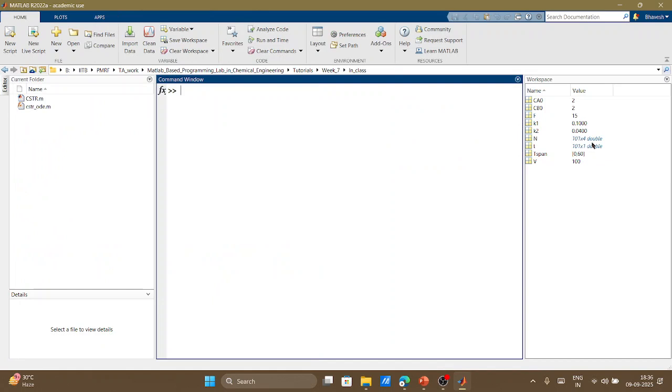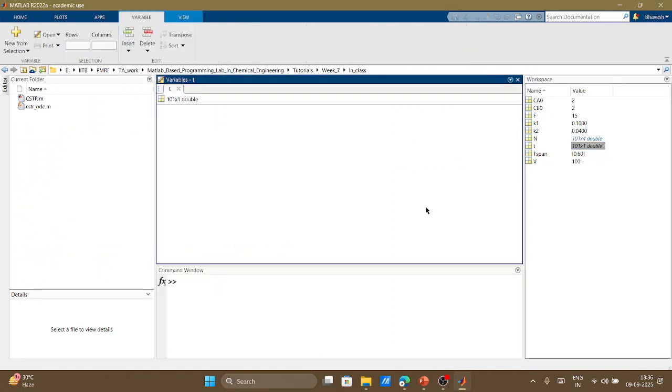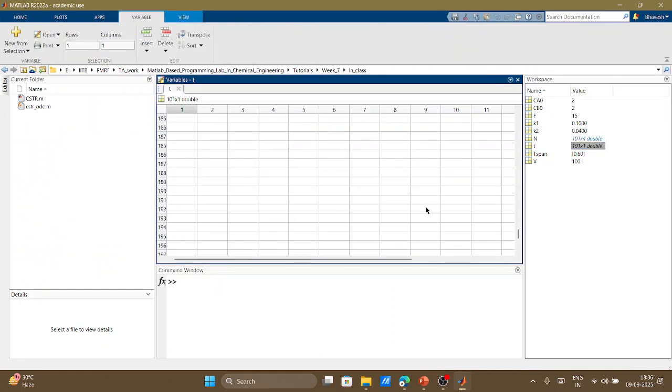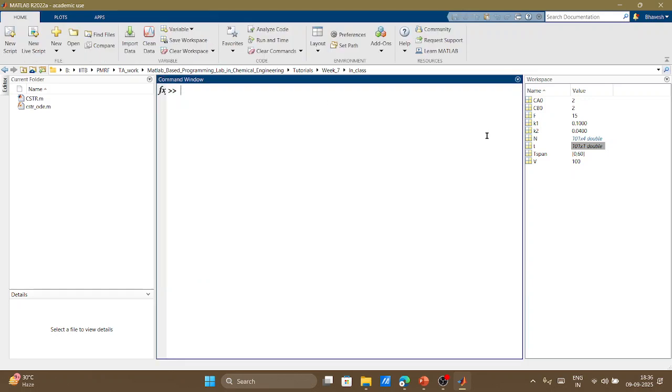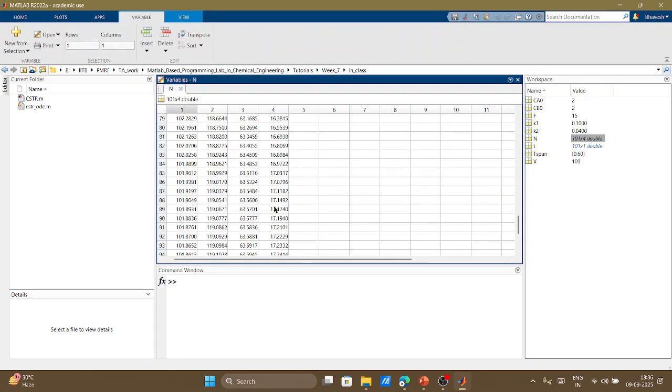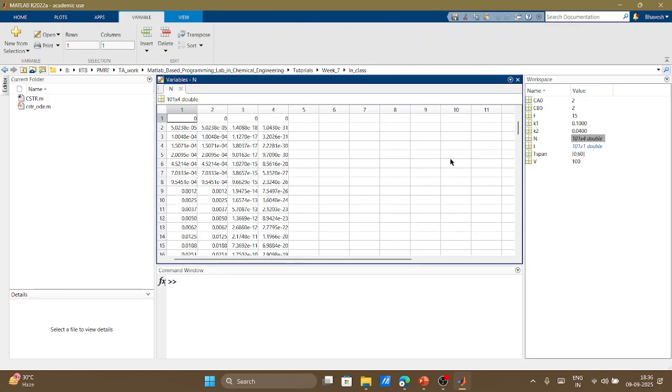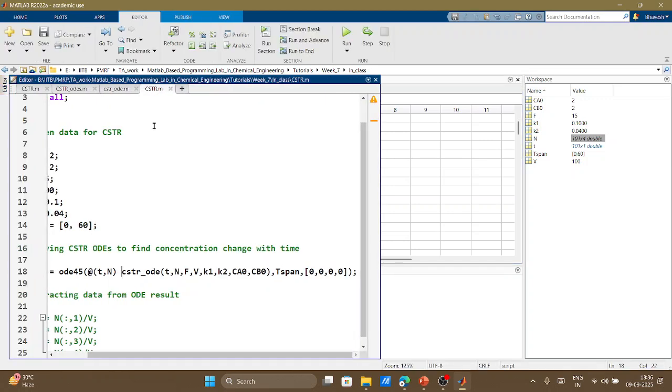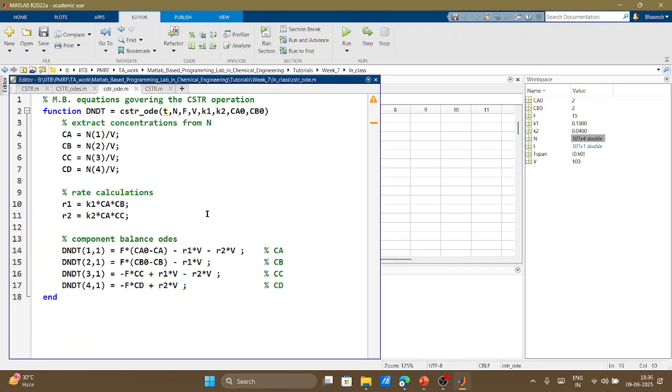It has run it and it has created n and t data. So t contains time values from 0 to 60 minutes, right? The t span that we had provided. And the corresponding n values, which are the moles, have been given here. Now it's moles. So in our CSTR ODE, n1 corresponds to A, n2 corresponds to B, n3 corresponds to C, and n4 corresponds to D. Okay.